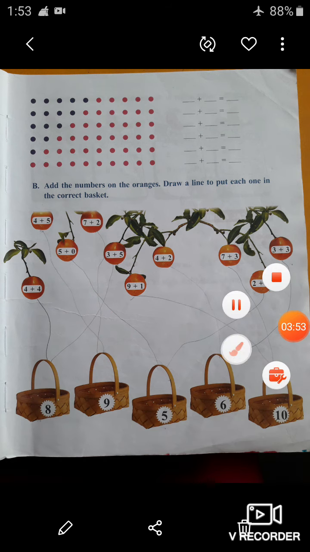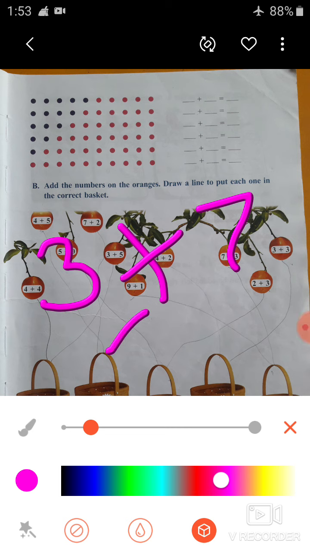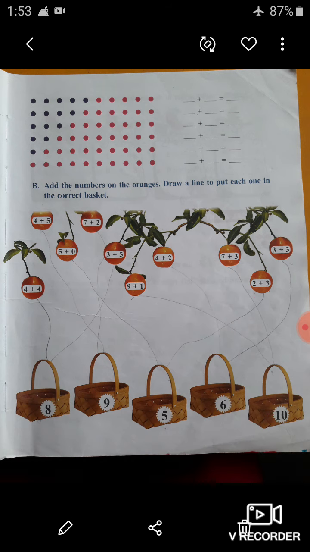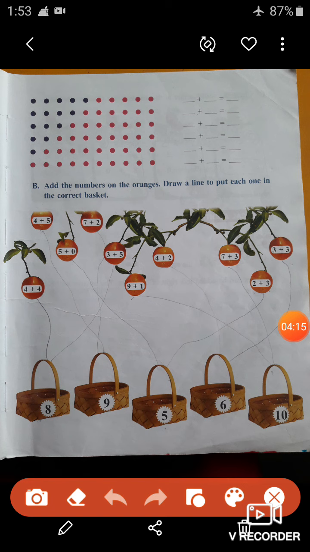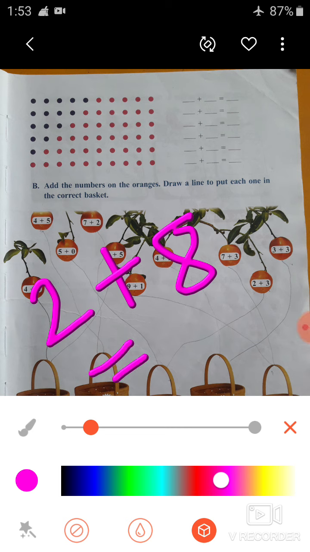Now in the next, 3 blue dots plus 7 pink dots equals 10. So you have to fill the given blank here. 3 plus 7 equals 10. Now the next one, 2 blue dots plus 8 pink dots equals 10.